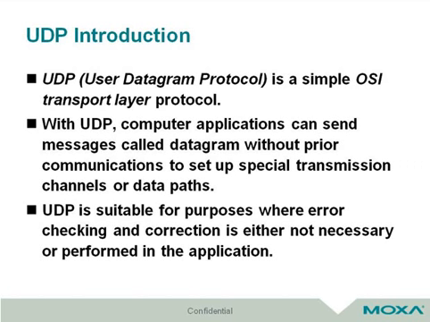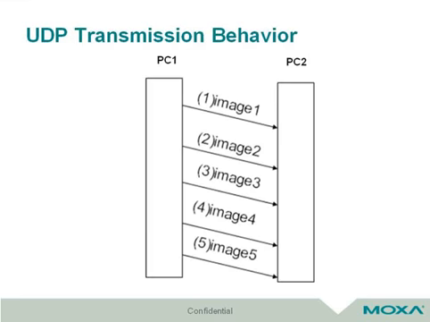UDP is suitable for purposes where error checking and correction is either not necessary or performed in the application. UDP uses a simple transmission model with a minimum of protocol mechanism. It has no handshaking dialogues and thus exposes any unreliability of the underlying network protocol to the user's program.